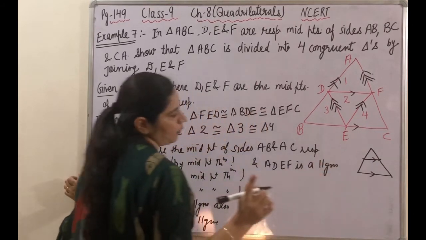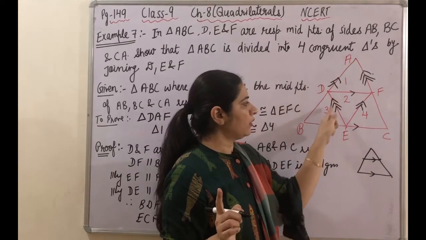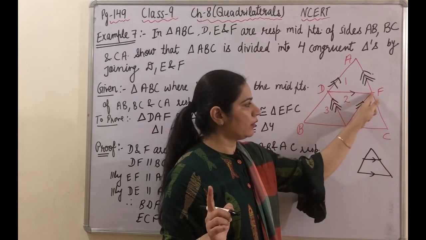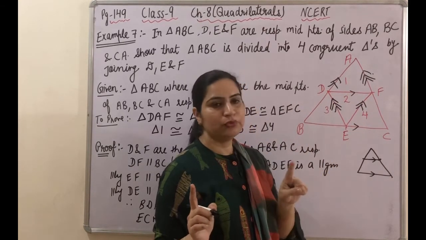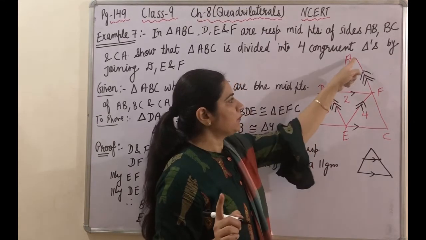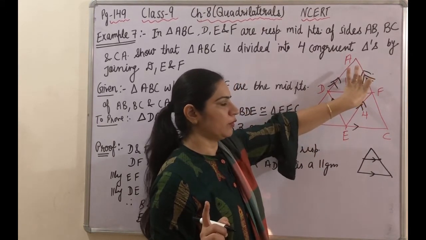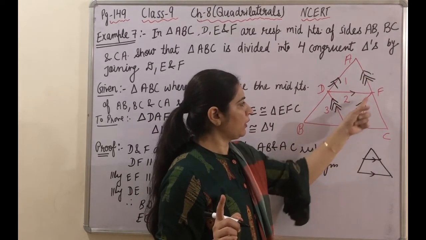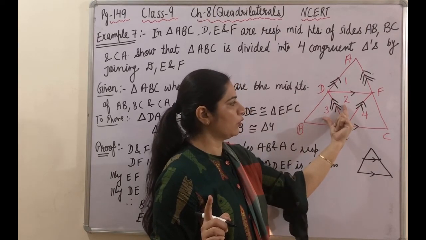Now recall the property: when we take a parallelogram and we can see a diagonal, we know the diagonal of a parallelogram divides it into two congruent triangles. For this parallelogram we will take this diagonal, so these two triangles will be congruent. For this parallelogram, ED will be the diagonal, then these two triangles will be congruent.